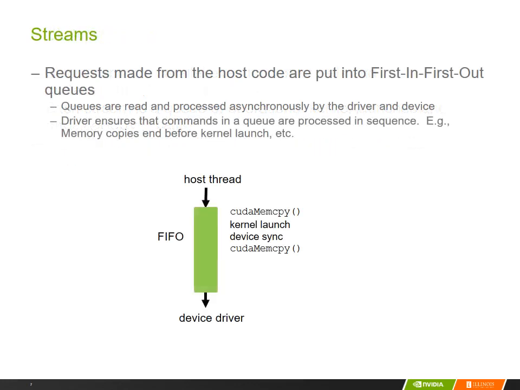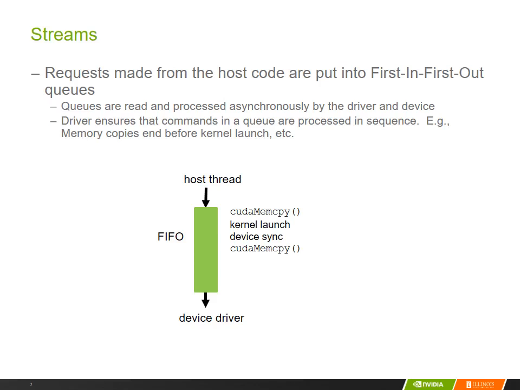So let's start with the basic concept of streams. Let's start with what happens in each stream. The requests that are made from the host code are put into first-in, first-out queues. We will be extending each command, such as kernel launch and cudaMemcpy, with another parameter, which is the stream identifier.